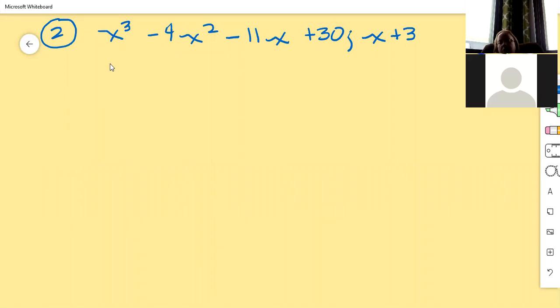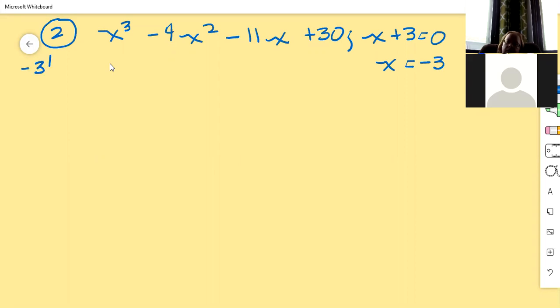So I'm just gonna set this equal to 0. And so my x value, this is the factor, it's gonna be -3. So we're gonna go over here. We'll put -3 in the box and then write down our coefficients. So it'd be 1, -4, -11, and 30.